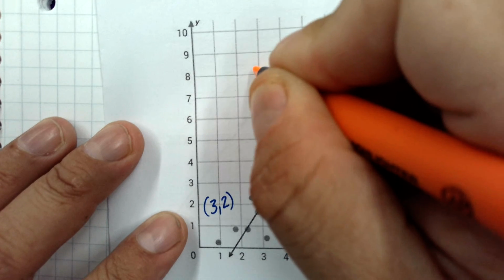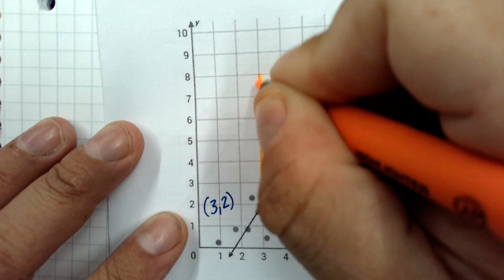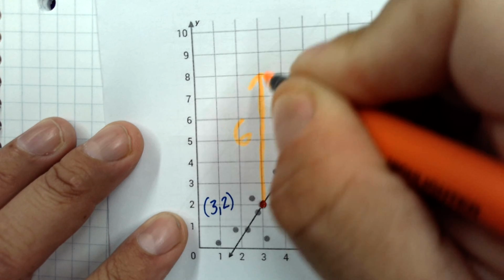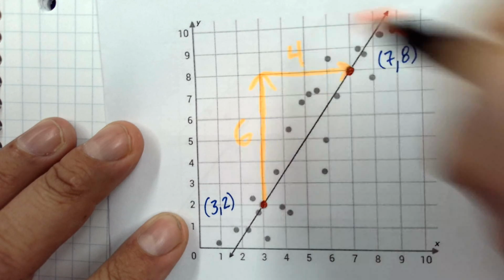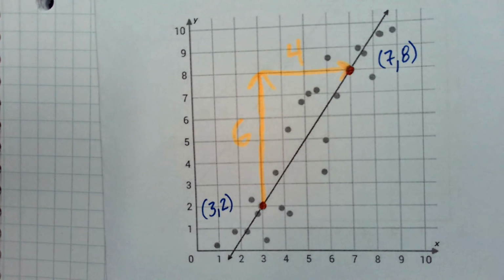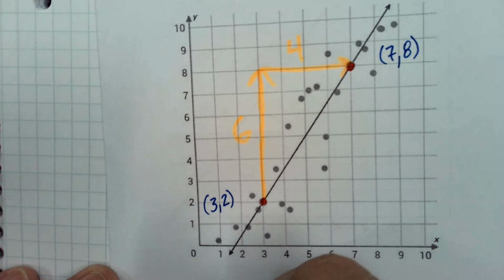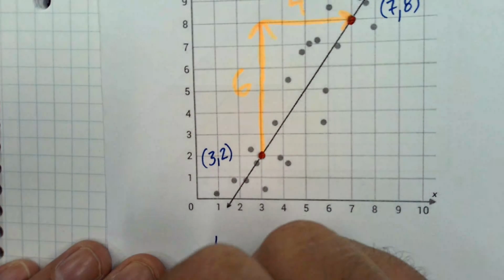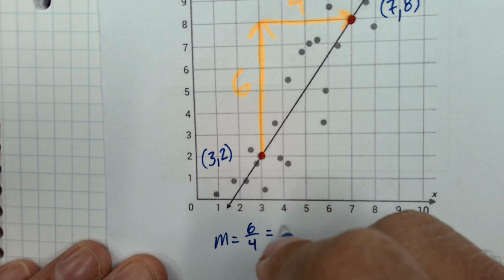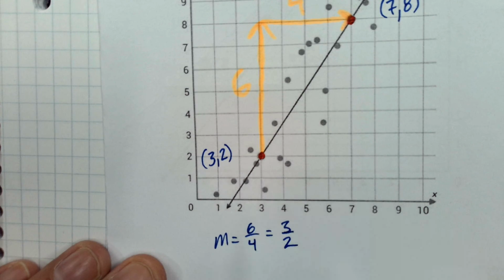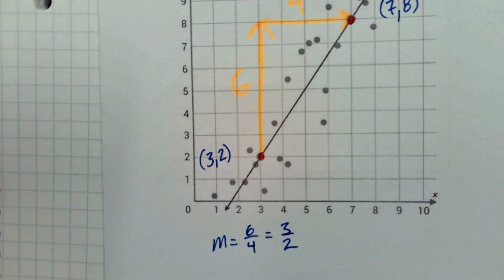So let's see, we're going to rise how much? 6 over 4. Okay. So the slope is 6/4, which is 3/2. So we got a slope.